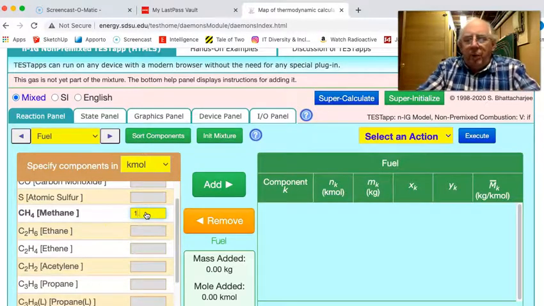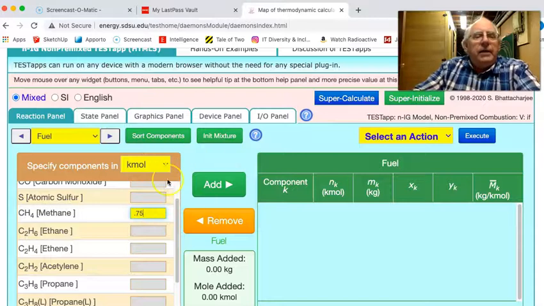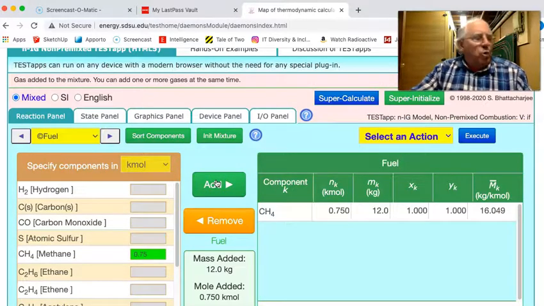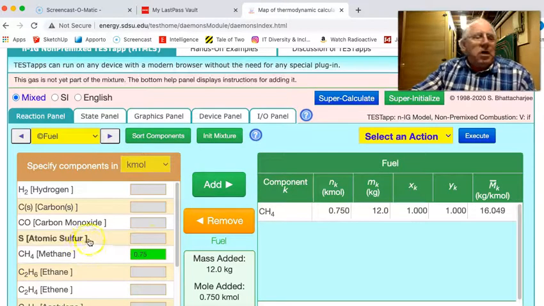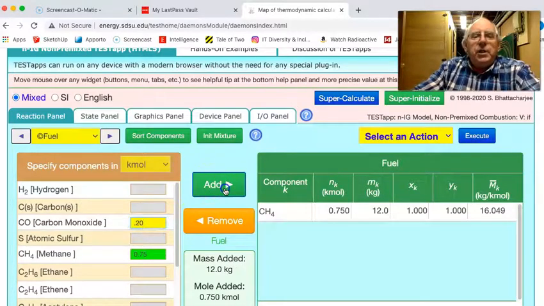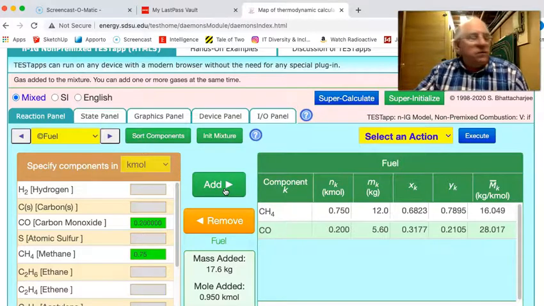I can put in 0.75 kilomoles of methane. And then since the next component is 20% CO, carbon monoxide, I'm going to go ahead and put that in as 0.2. And so that's my 0.2 moles of CO.